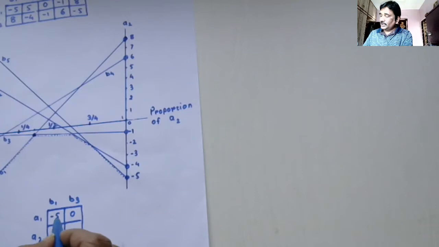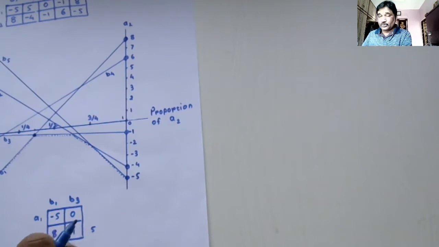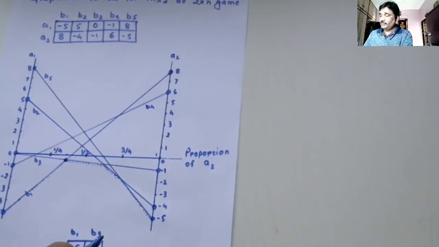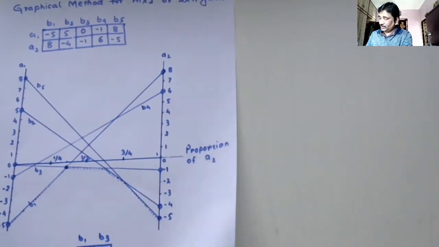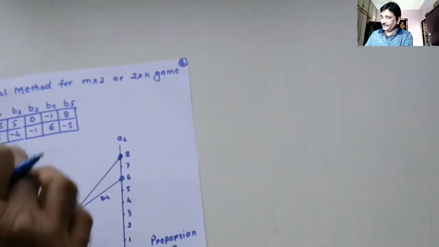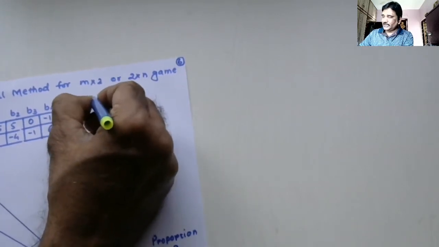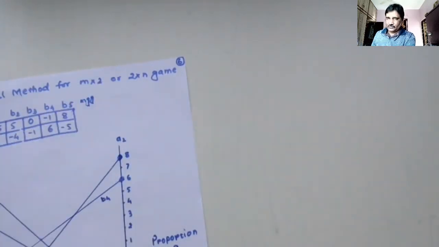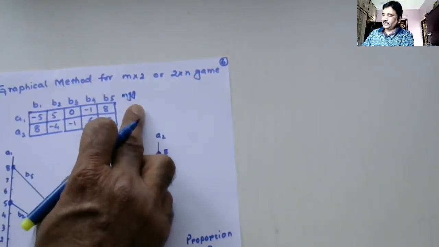Okay, for solving this game, you take the difference and write it here, minus 5 minus 0, 5. Here you don't have to find out minimum guaranteed gain and maximum possible loss, if at all it was required here. I haven't done that, but now let's do that. When you will be starting to solve this problem, you must do this process first.